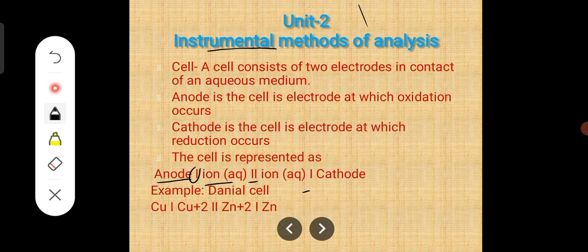That is, anode, ions, ions of cathode, and cathode. An example is the Daniell cell.